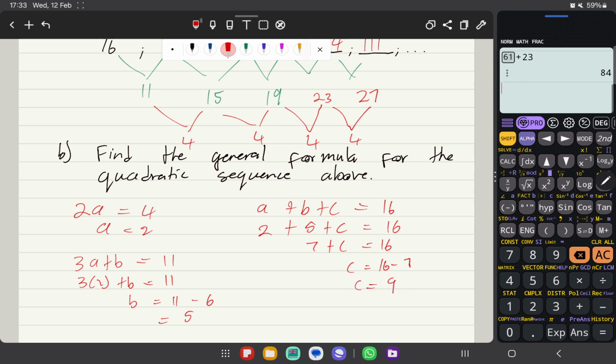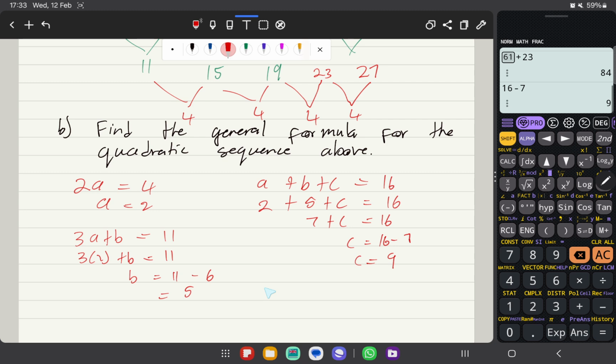I will just give it a try to make sure. I have found my general formula. Therefore Tn equals 2n squared plus 5n plus 9. Then bingo, I am done with this problem.